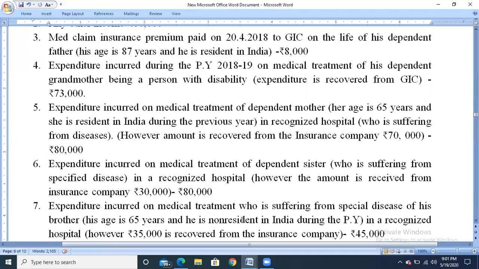Only in the case of a senior citizen who is a resident of India, up to rupees 1 lakh they can claim the exemption amount. So the expended amount is 45,000, but up to 40,000 only can claim the exemption. So the lesser amount is 40,000. From that 40,000, he has already recovered the amount from the insurance company, that is 35,000. So the balance 5,000 will be claimed as deduction.